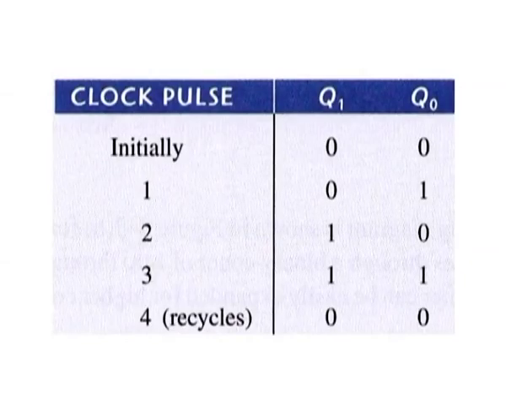Since it goes through a binary sequence, the counter in the figure is a binary counter. It actually counts the number of clock pulses up to 3, and on the 4th pulse it recycles to its original state, that is, Q0 is equal to 0, Q1 is equal to 0.